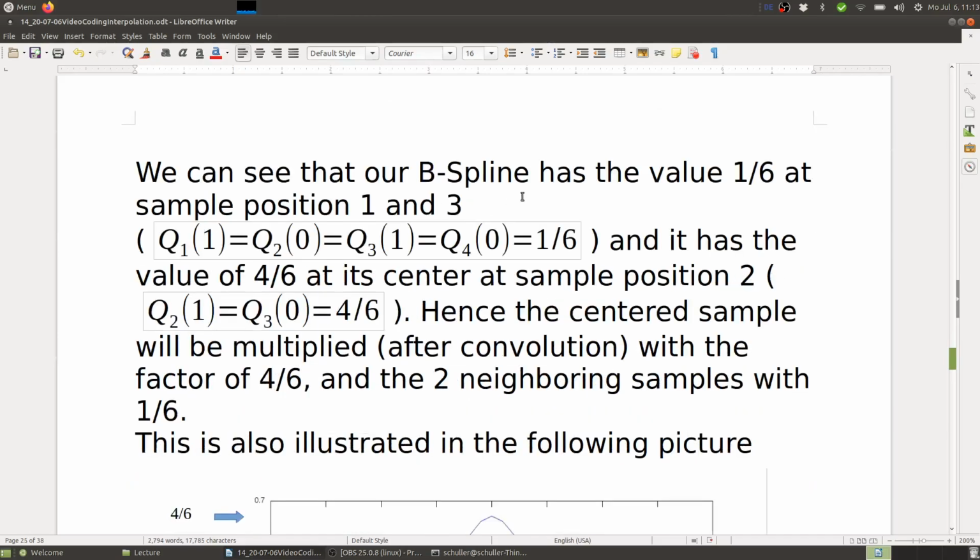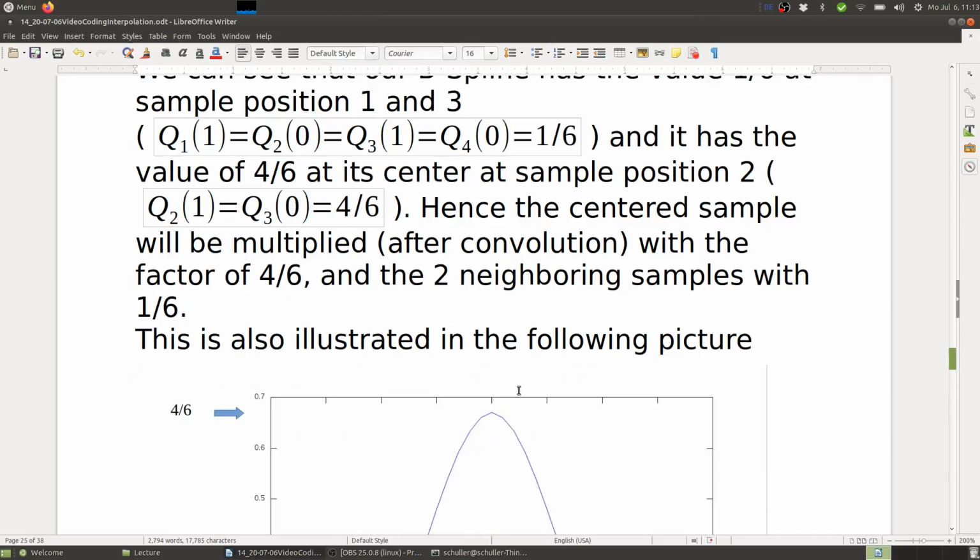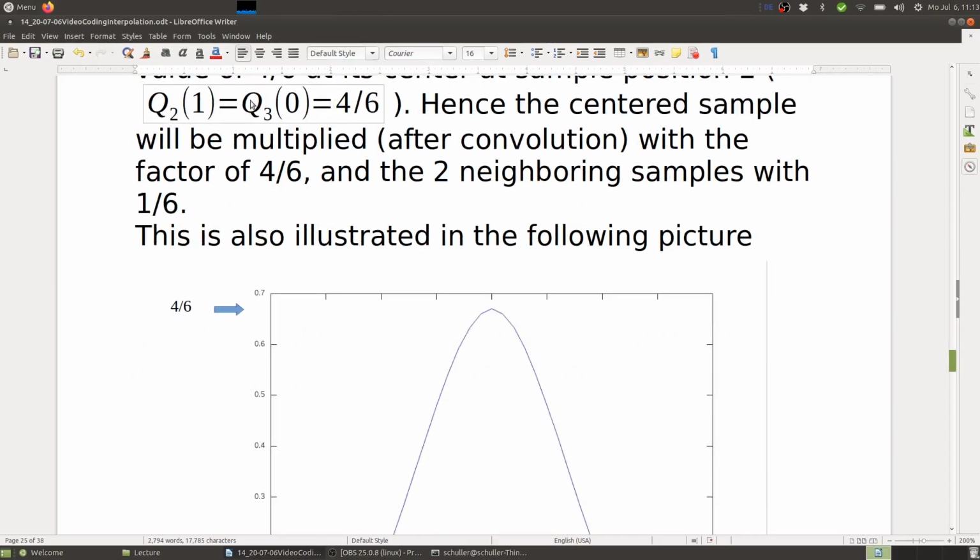Yeah, we can see that our B-spline has the value of 1/6 at positions 1 and 3. So these are the neighboring positions. And it has the value of 4/6 or 2/3 at its center at sample position 2. Hence, the centered sample will be multiplied after convolution with a factor of 4/6, and that's why we saw it's correspondingly smaller than the actual value.